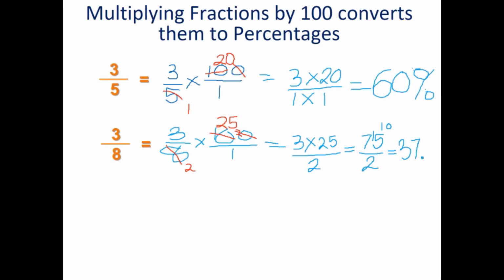So how many 2 in 10? That's a 5. Pardon me. That's definitely a 5. Then you put your percentage sign beside your answer. So that's the 7.5%.